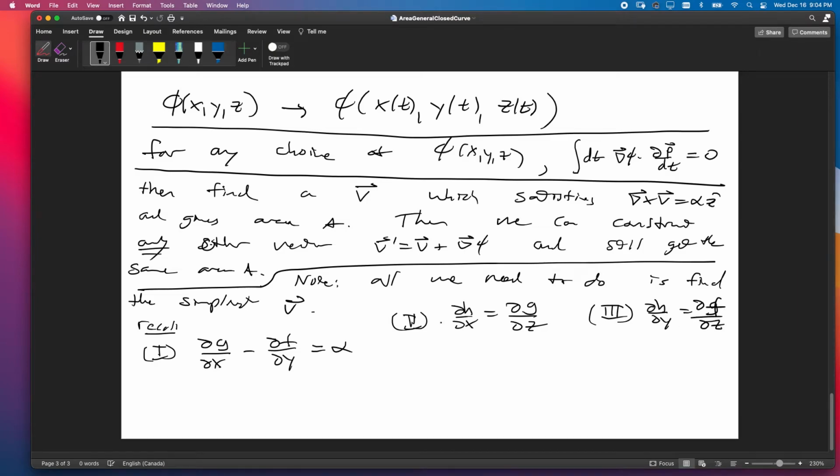Okay, so since we want to find the simplest v, we're just going to let h equal 0. I'm not going to bother with any of that. So let h equal 0.